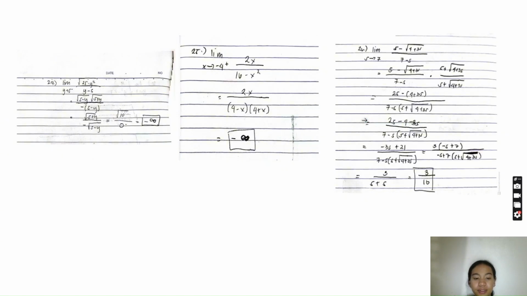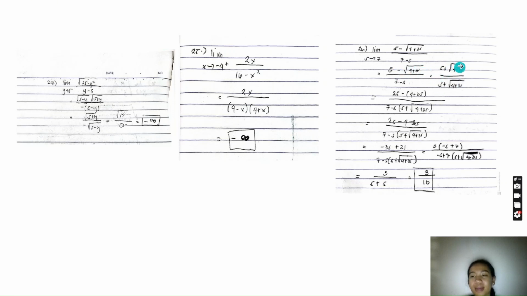Now for our number 26, the limit of the function 5 minus the square root of 4 plus 3s all over 7 minus s as s approaches 7. In this case, again, same thing as earlier, we have a numerator with a square root form.